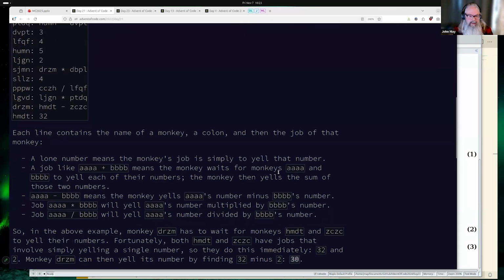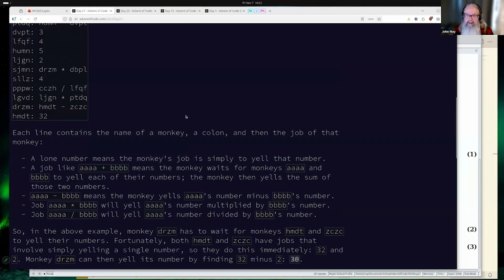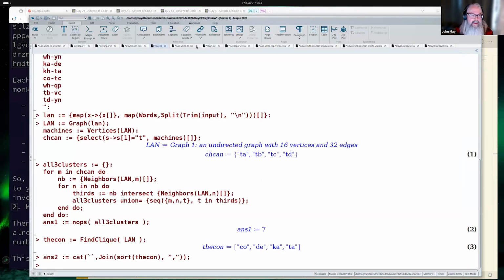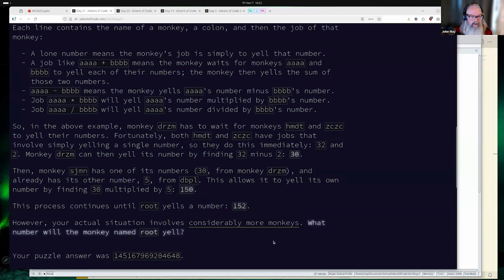There's a whole bunch of other things here explaining what's going on, but we probably have ignored everything here and are already programming it. But before you submit your answer, you always need to go back because inevitably there's a convoluted problem. But actually here, it's not. It's just what is the number that comes out of root.